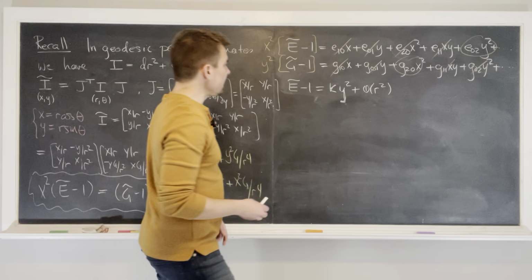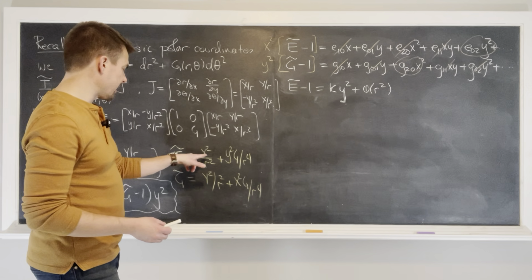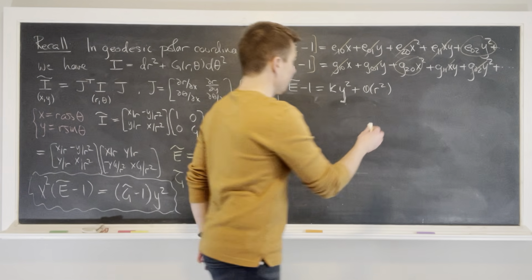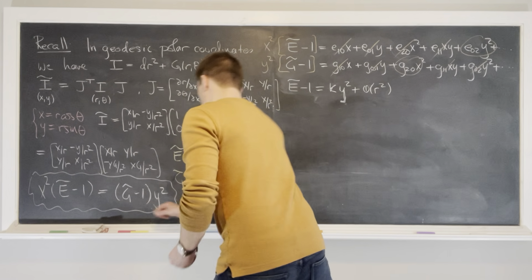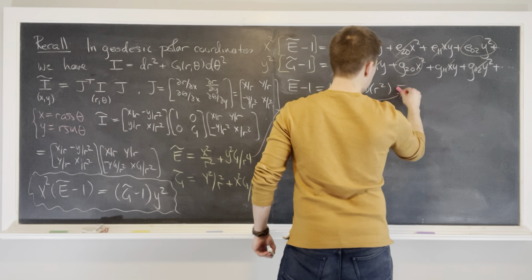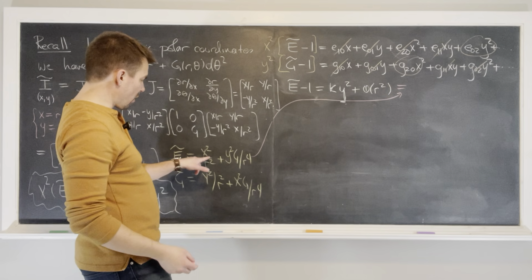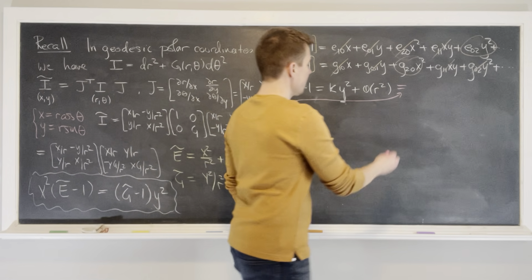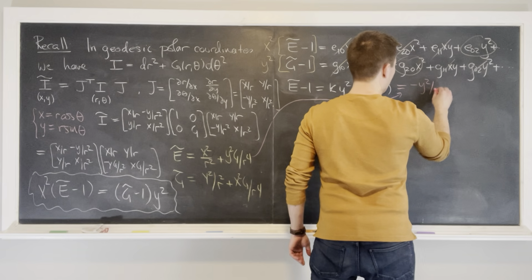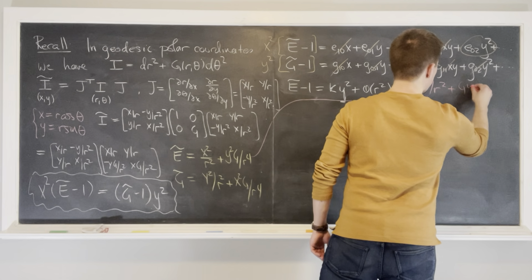And now, what do I know about e tilde minus 1? E tilde minus 1 is given by this expression over here. So e tilde minus 1 is really negative y squared over r squared. So by this equation over here, this is going to be equal to what? If I subtract 1, this becomes negative y squared over r squared plus g y squared over r to the fourth.